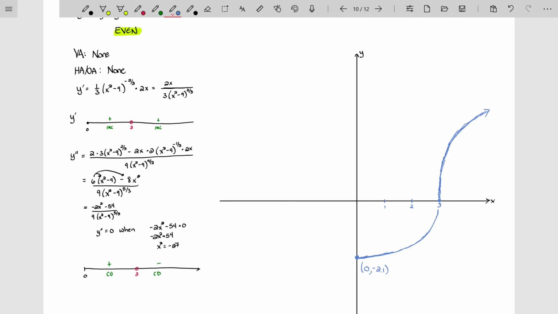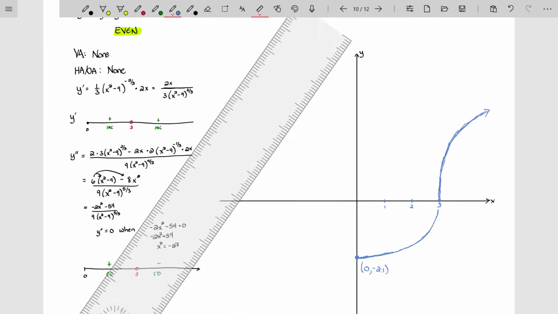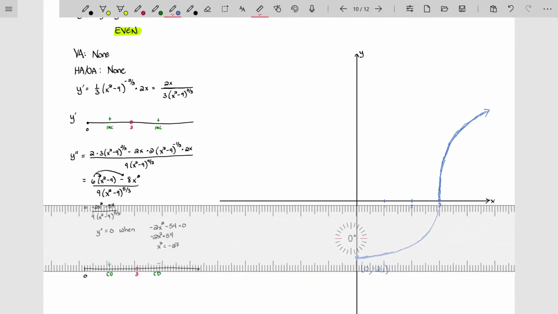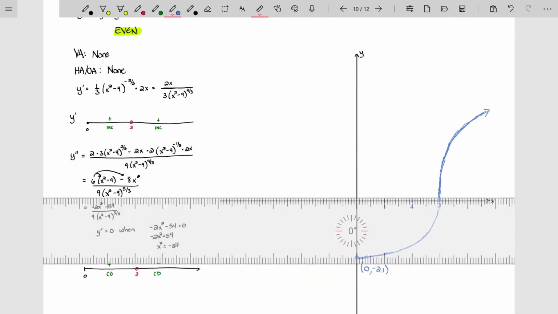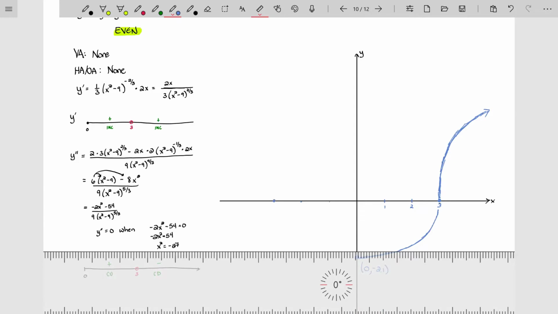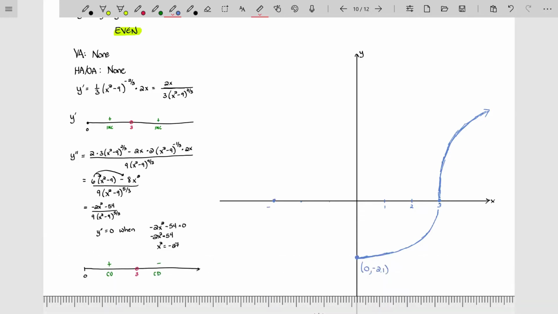And now because it's even, I can graph the other side. My graph doesn't have to be super duper exact on the other side, although your instructor might require that. So maybe I should be as exact as possible. So 1, 2, 3, so that's negative 3 comma 0 right there. And we'll go ahead and try to mirror this image.